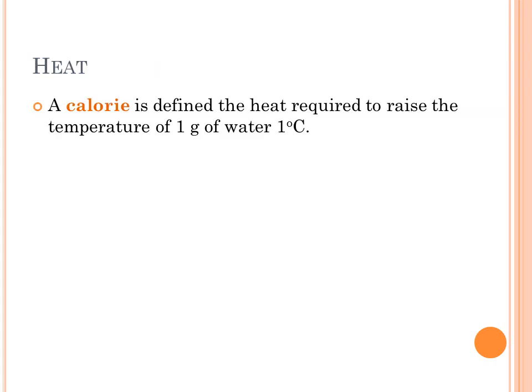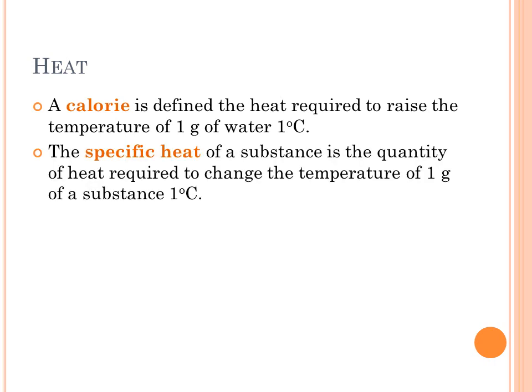So the calorie is defined as the heat required to raise the temperature of 1 gram of water by 1 degree Celsius. The specific heat of a substance is the quantity of heat required to change the temperature of 1 gram of that substance by 1 degree Celsius. So the definition is very similar to that for the calorie, except calorie specifies water, where specific heat specifies any substance.